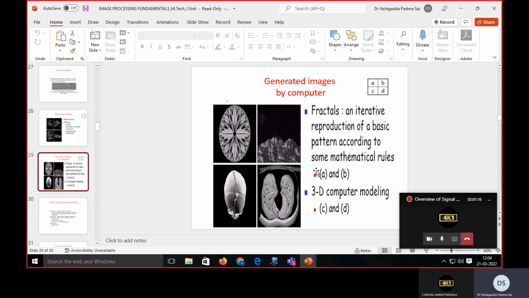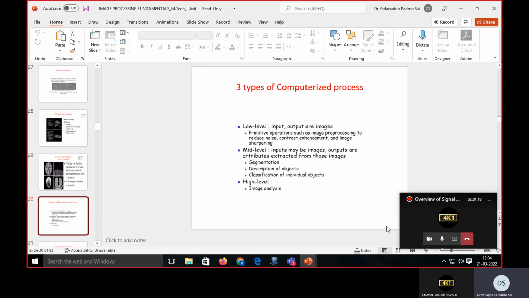So for each and every band you have any number of applications. Entire image processing is divided into three levels. Low level: input and outputs are images. Mid level: take segmentation, one of the techniques, where I divide the image into different regions.